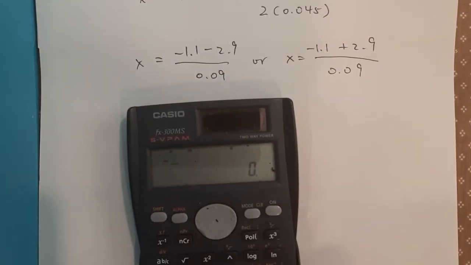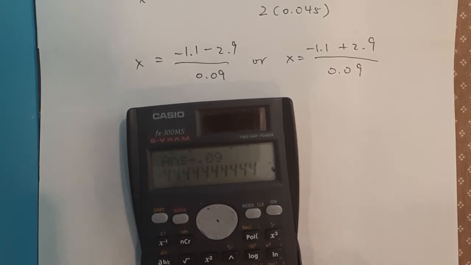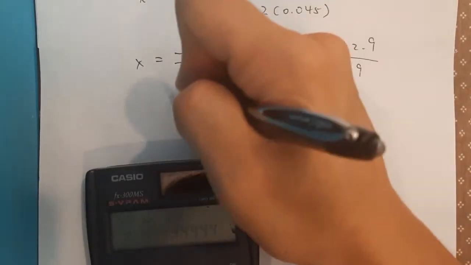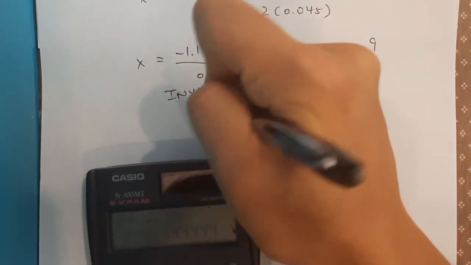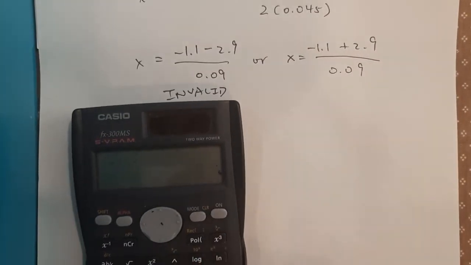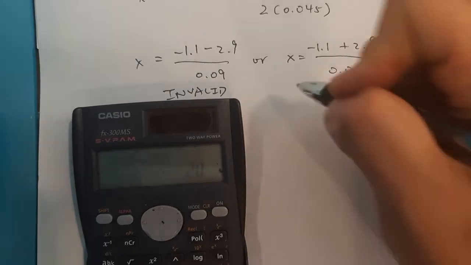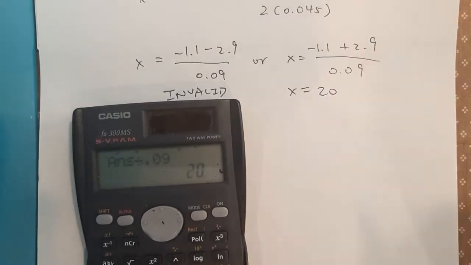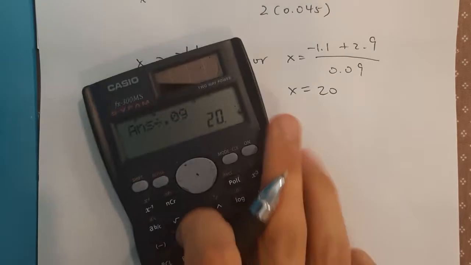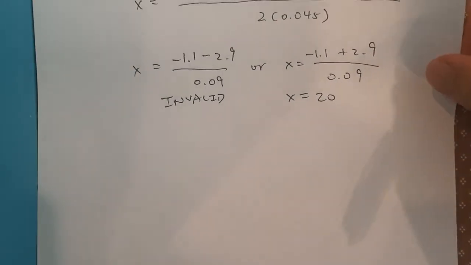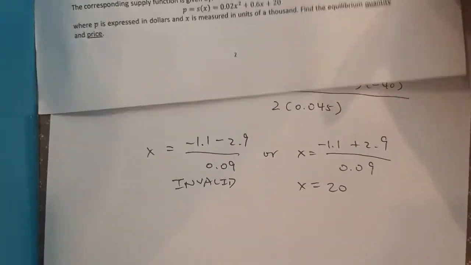Then we simplify it. So we know that this is going to be negative, so it's already invalid. The other one, negative 1.1 plus 2.9 divided by 0.09, we got x equals 20. Then for the equilibrium price, here we just pick one of the functions.